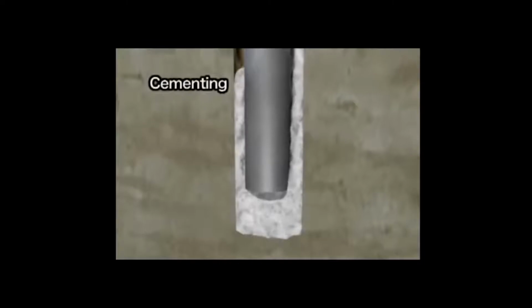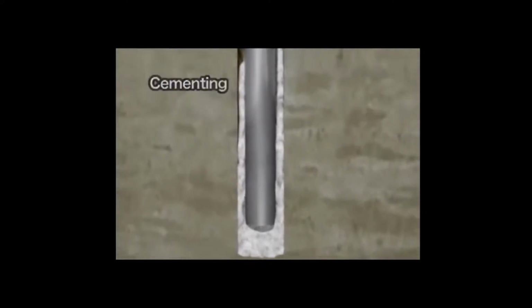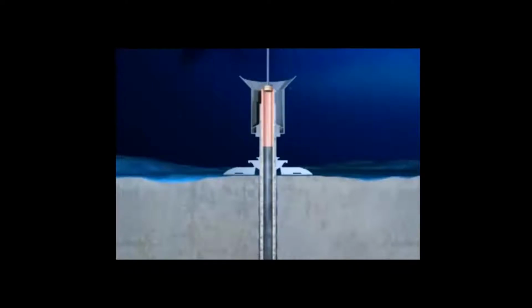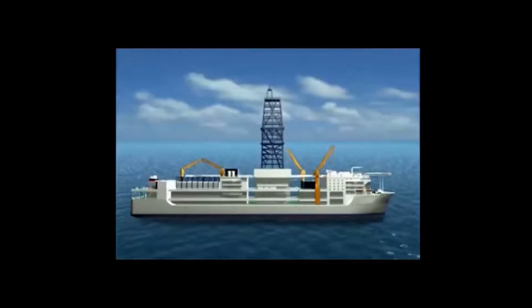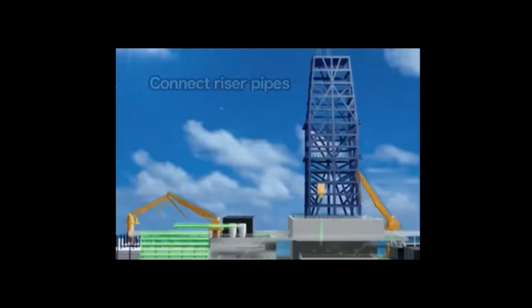Cement is pumped into the space between the hole and the casing pipe to fix the pipe in place. After cementing, the drill pipe is released and pulled back to the vessel. The Chikyu is equipped with the riser system in order to drill into the earth even deeper.